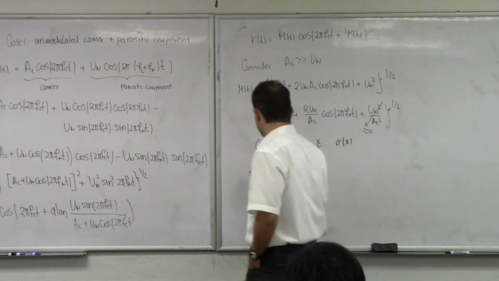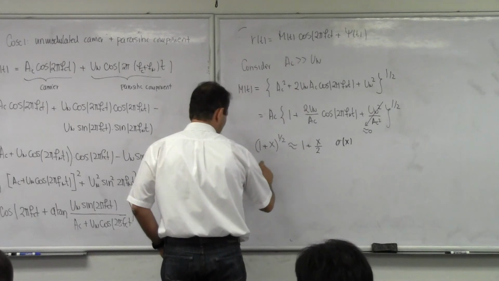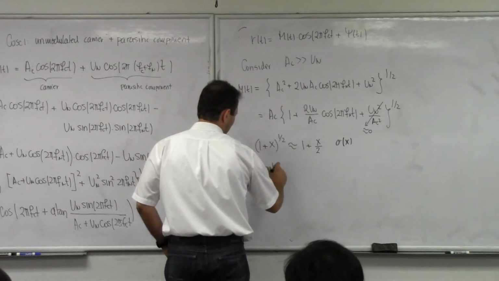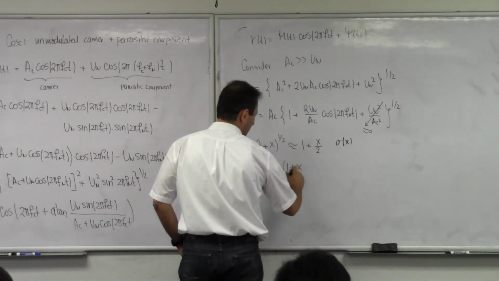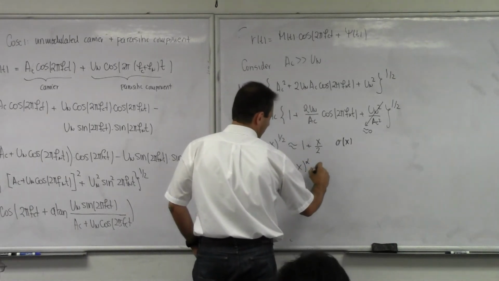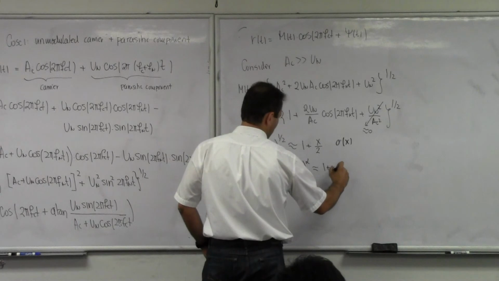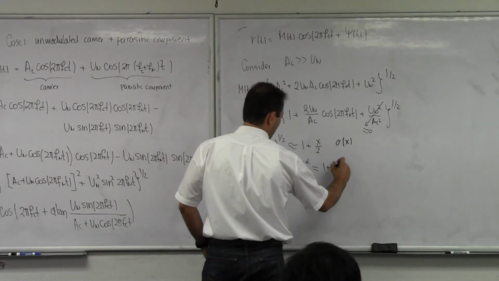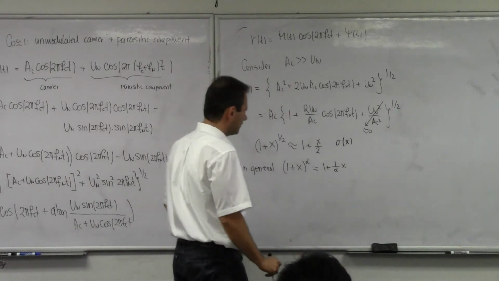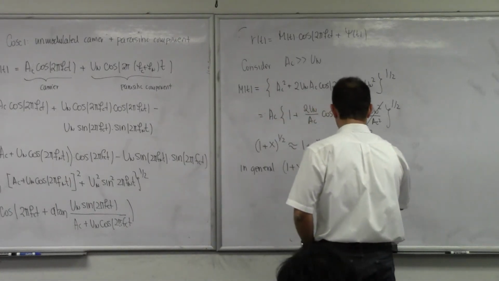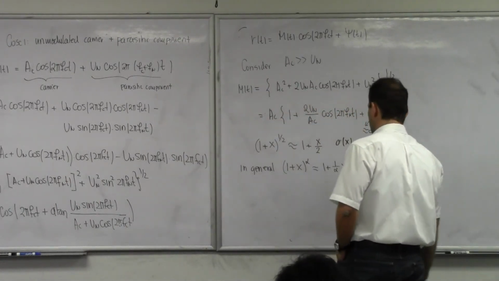In general, 1 plus x to the power of alpha is approximately 1 plus alpha x plus order of x squared.